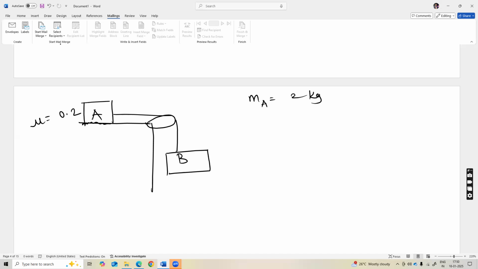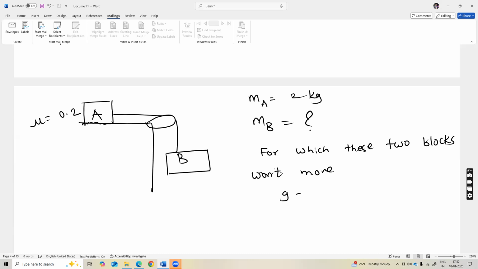Here we have to find the mass of block B for which these two blocks won't move.